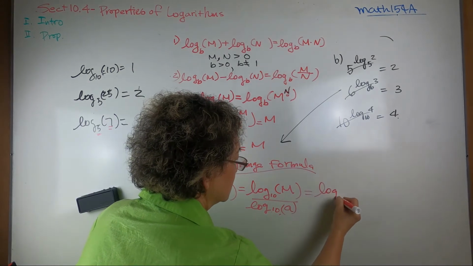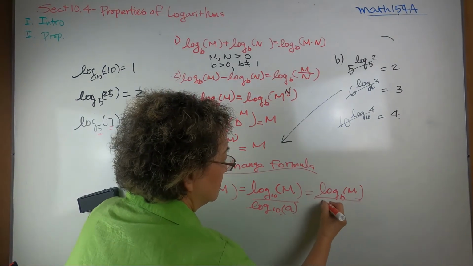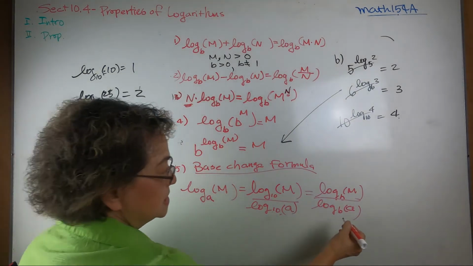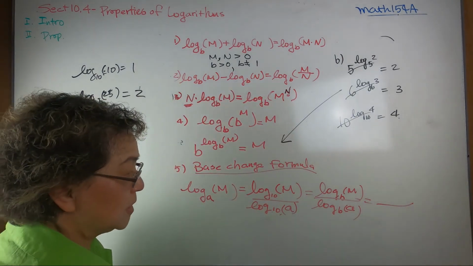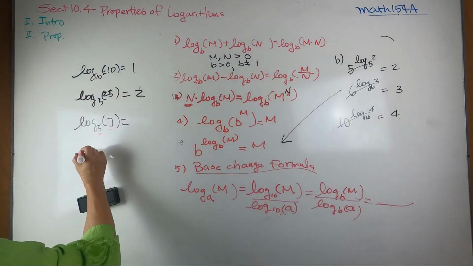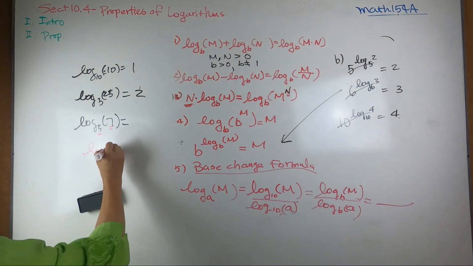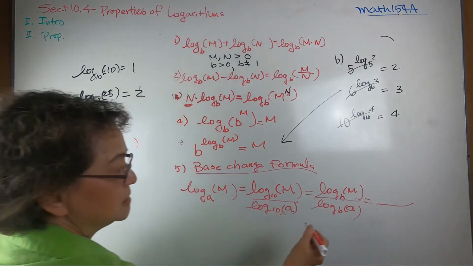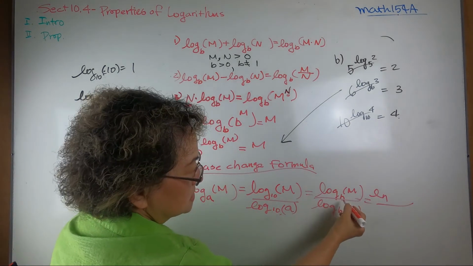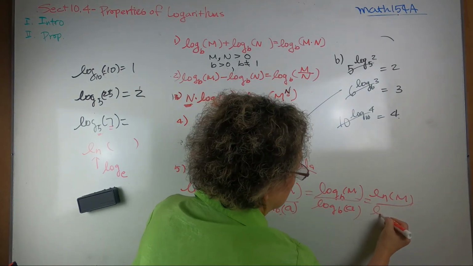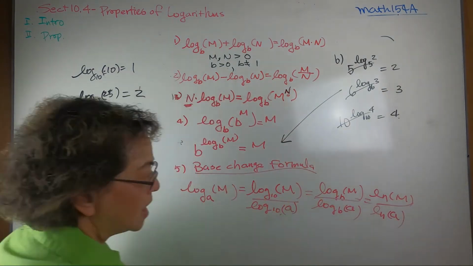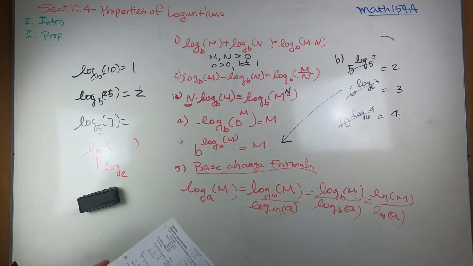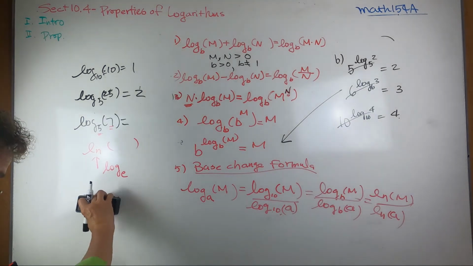So that's why we say base m, base a, right? Base b. So, or you can use what? Natural log. Natural log is what? Natural log means this one is the base e, okay? So if you base e here, that will be natural log, and that's how you do to find the number, okay?